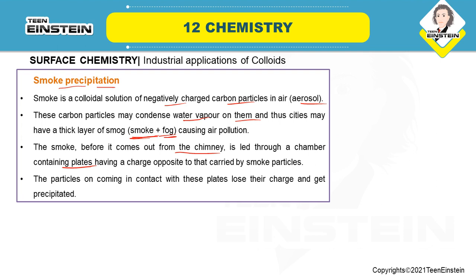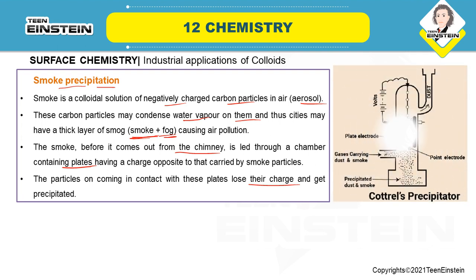Okay, so finally the carbon particles will be precipitated. Because of this charge neutralization, they will lose their charge. So there will be no repulsion between the carbon particles because the charge is lost. Because of the same charge there is repulsion, but if this charge is lost, they will come to each other and settle down, that is precipitation.